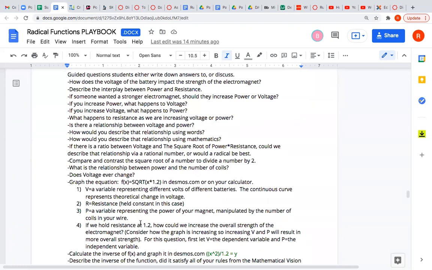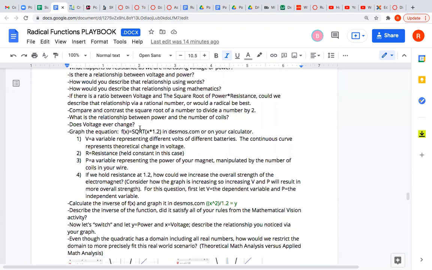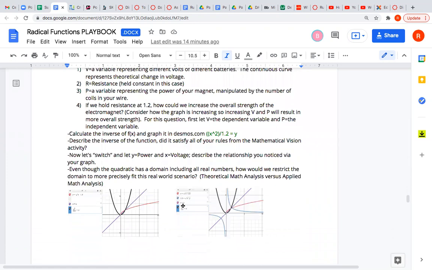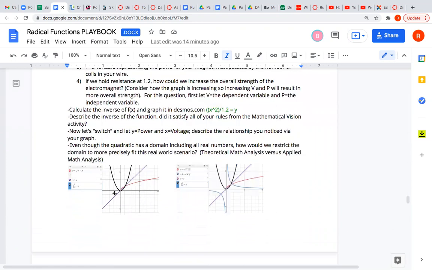This isn't give and take. This is, I think it's this, and then you're asking for feedback and a response. And then the teacher is much more involved in the dialogue. But it literally leads them to seeing how do we describe how we increase the strength of an electromagnet? Do we increase the voltage or do we increase the power by increasing the number of coils?